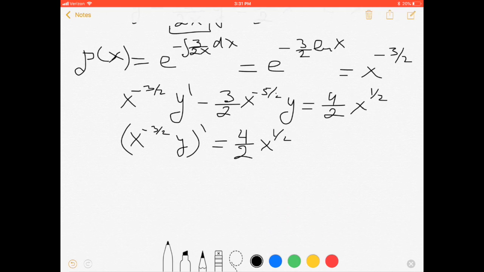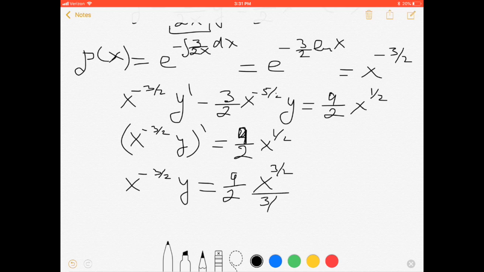Take the integral of both sides. The left part will be x to the negative 3/2 y. The right part will be 9/2 times x to the new power 3/2 divided by 3/2, plus some constant c.